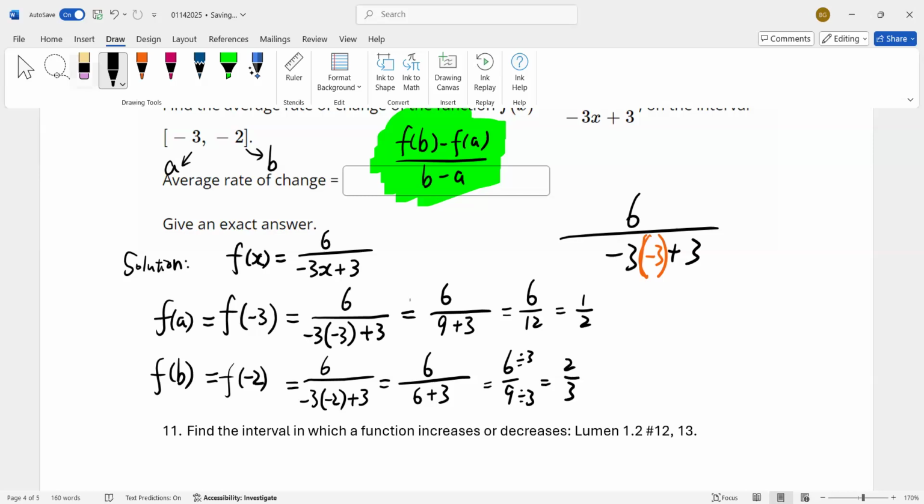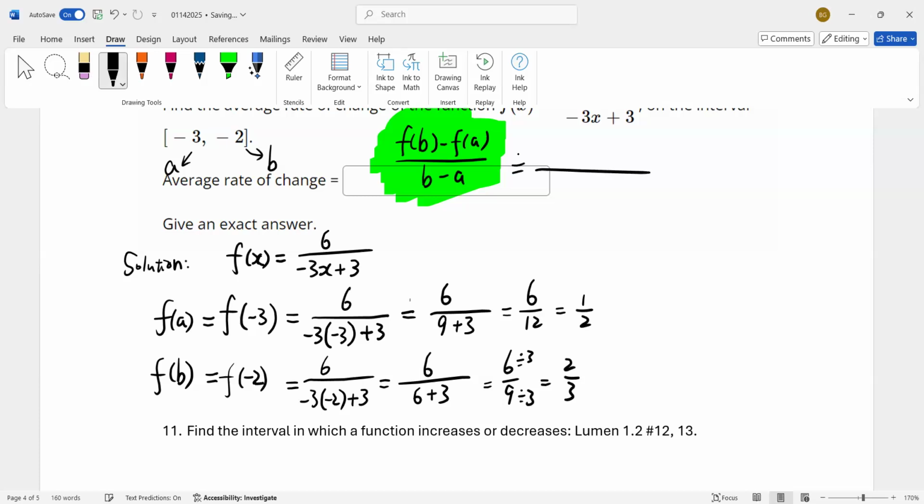Now that we have all the components, all the pieces in the formula. a, which is the left endpoint of the interval, -3. b, the right endpoint of the interval, -2. f of a, a half. f of b, 2/3. All four things we found, now we can plug them in, right?